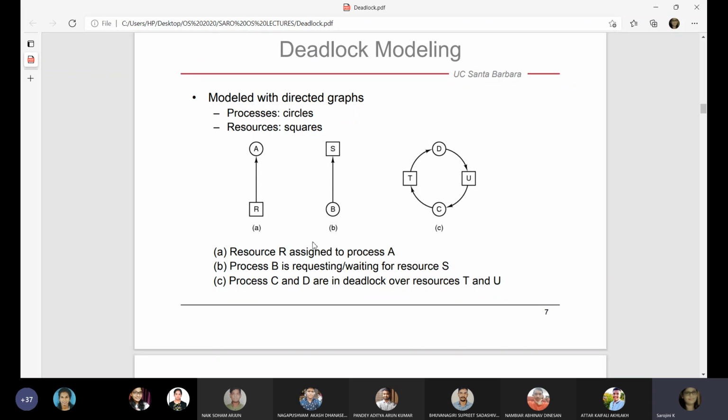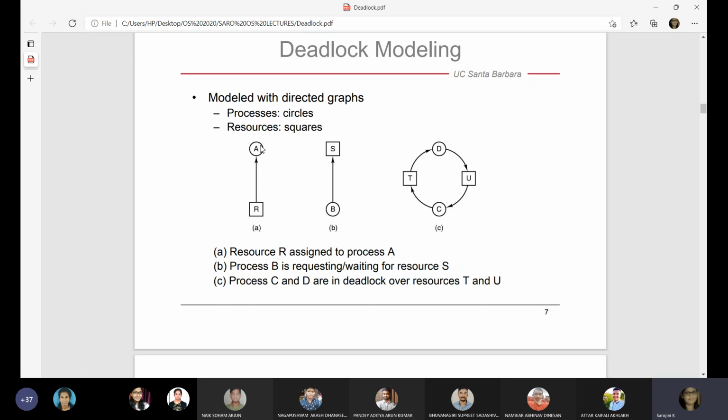Resource R is assigned to process A. How am I saying it is assigned to process A? Because look at the arrow which is going towards the process.